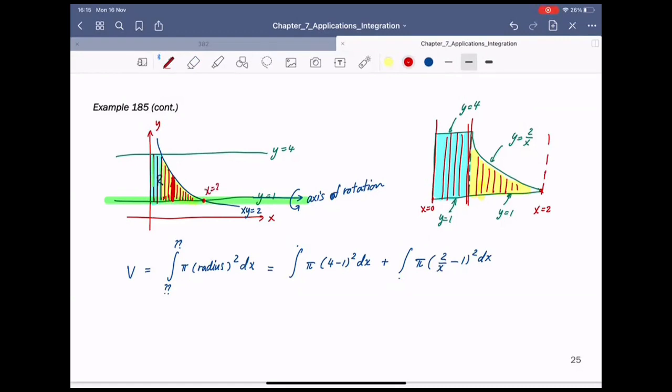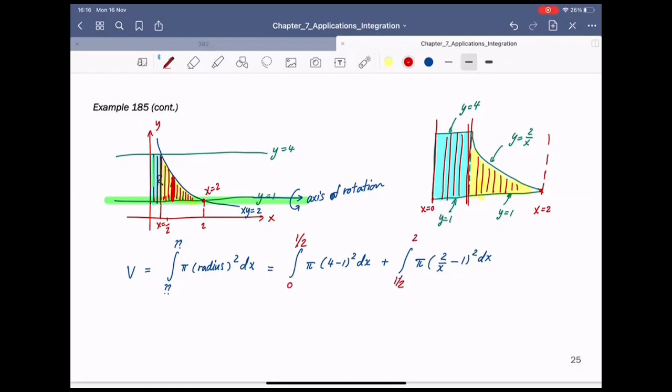So this is x equal to 2. And this point, the one between the line that separates the yellow piece and the light blue piece, is when y equal to 4 and xy equal to 2, so x equal to 1/2. So the cutoff here is going to be 1/2.